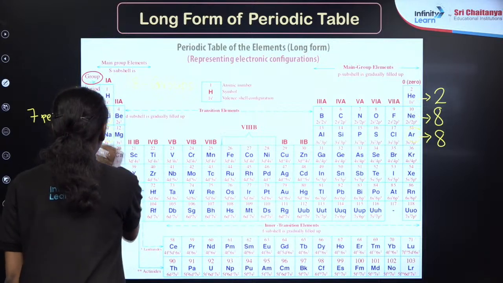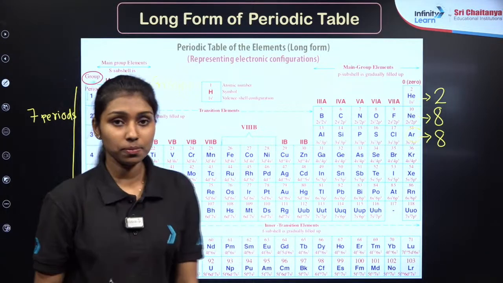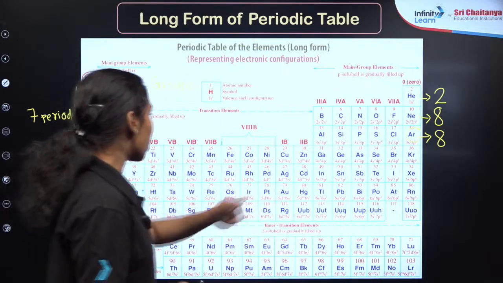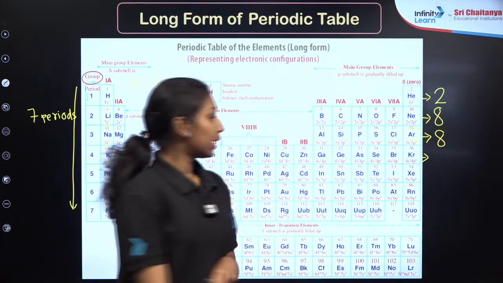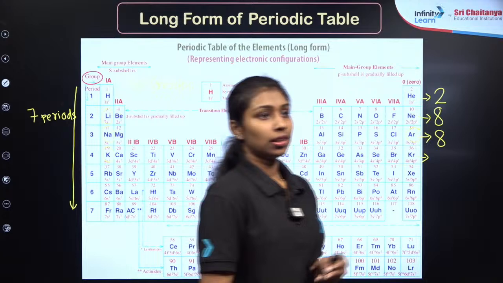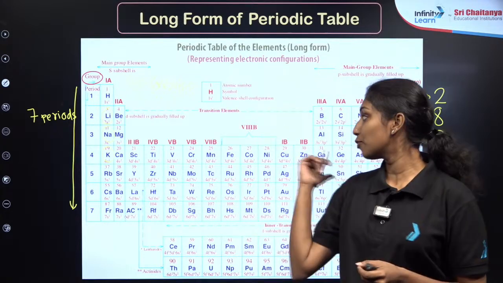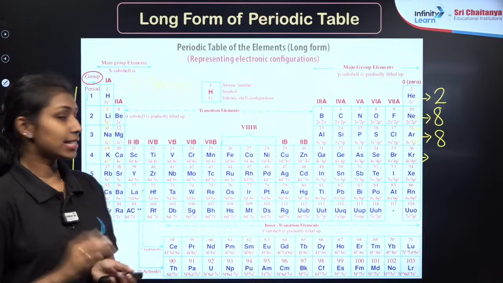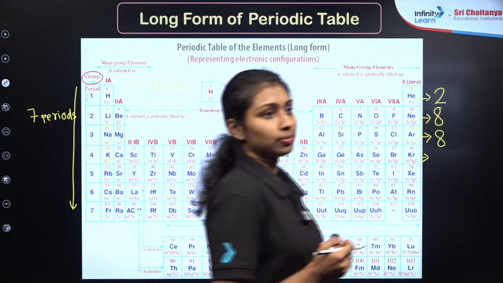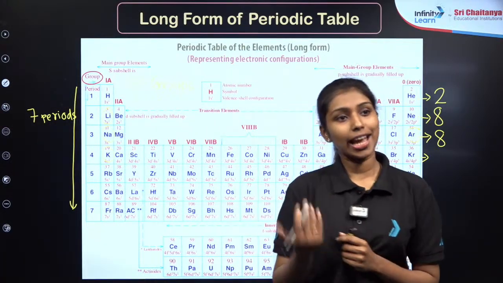Now let me move to the fourth period. It will start from potassium and end with krypton, right? How many elements are present over here in the fourth period? Just count. 8, 18 or 32?